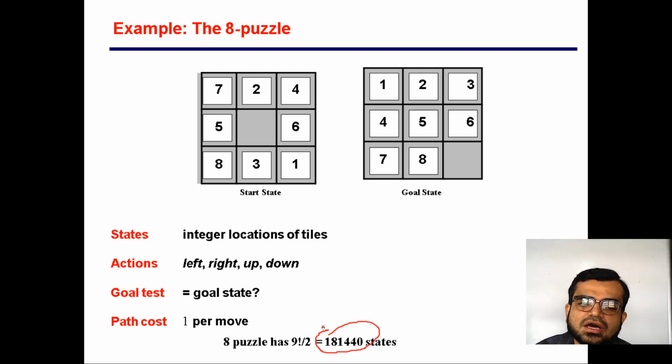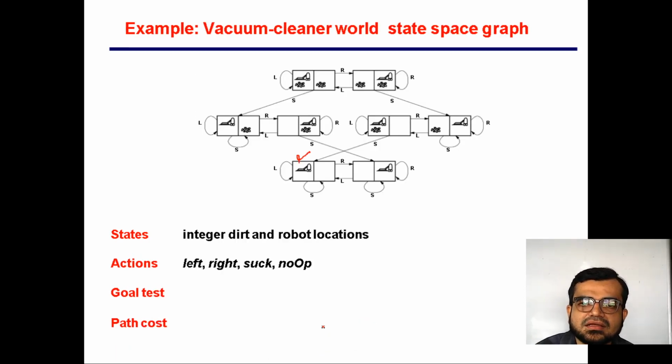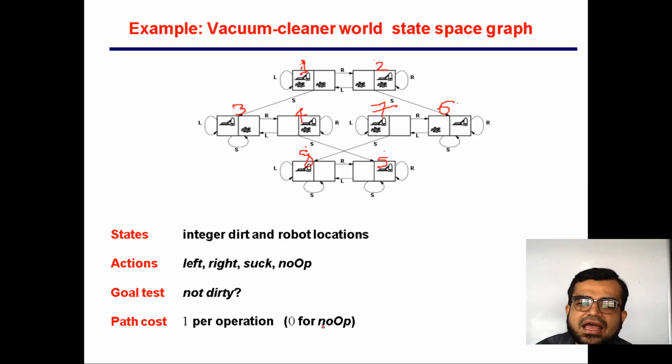So you are not specifying all of the other states, you are just specifying the states which are helpful in order to reach the goal state. But here in this state space graph, I am specifying the maximum number of state space. That's why this is called implicit and that was explicit. That's the difference between implicit and explicit state space.